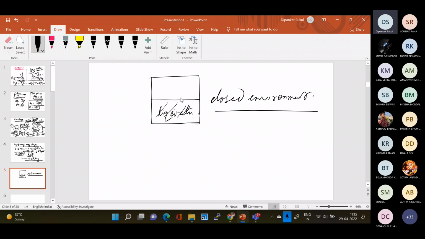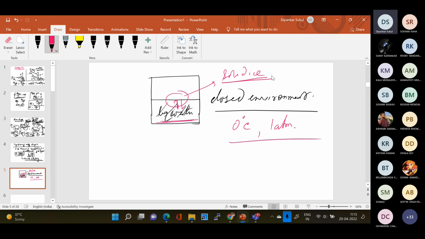And there is some amount of solid ice in equilibrium with the liquid water. So we can consider the temperature as 0 degrees centigrade. Overall, your pressure is 1 atmosphere. Under this condition, some amount of liquid water is in equilibrium, this is the equilibrium sign, with solid ice.